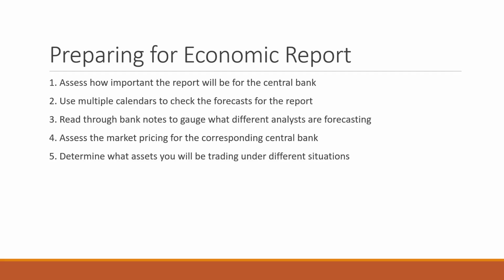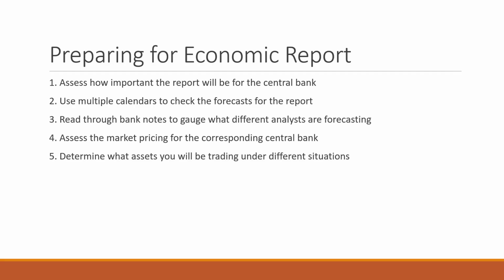Now, that should be done within the calendars, but on the calendars, we can't see which banks have been questioned. So rather than just seeing the median number, we start to build a bit more data up, and we can see what different banks are specifically forecasting for that event.